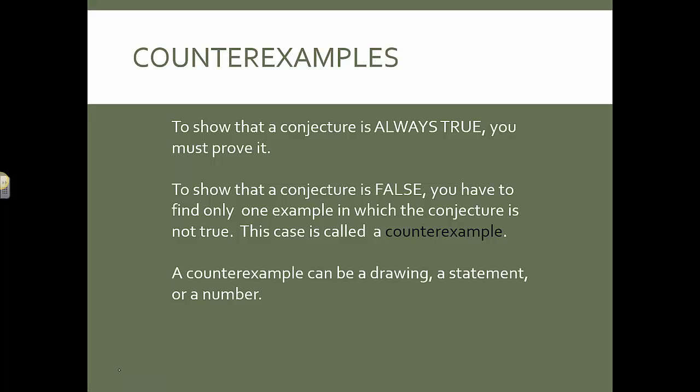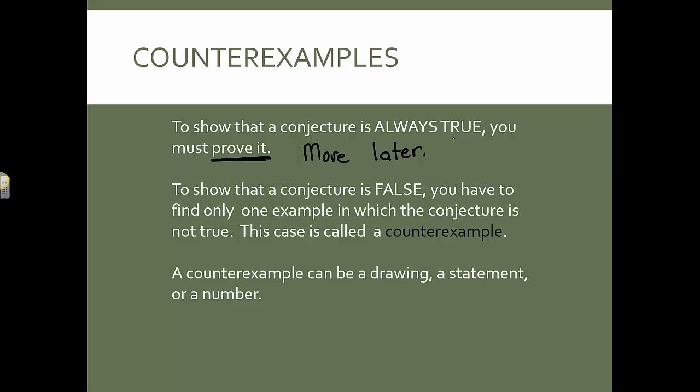When you have a conjecture and you want to show that that conjecture is true for all cases, you would have to do something called proving it. We're going to talk more about proving things later.